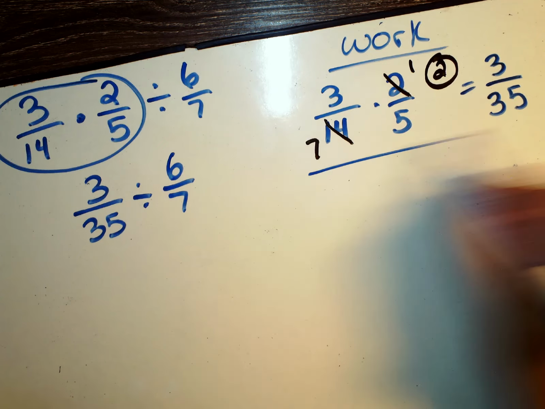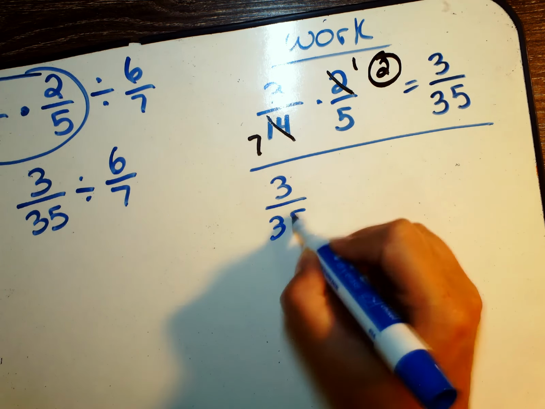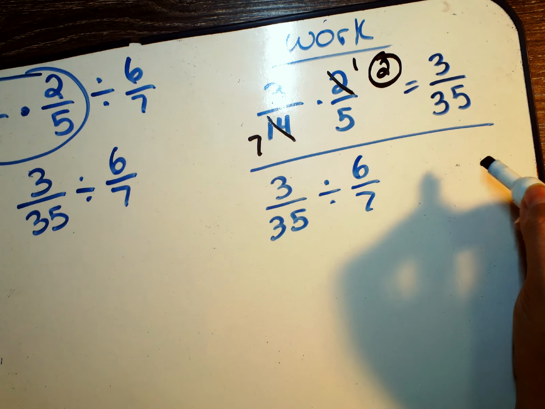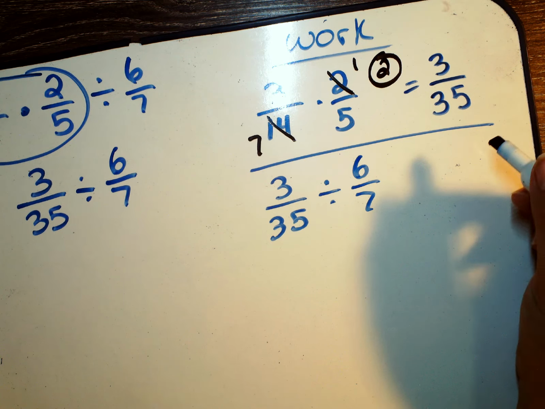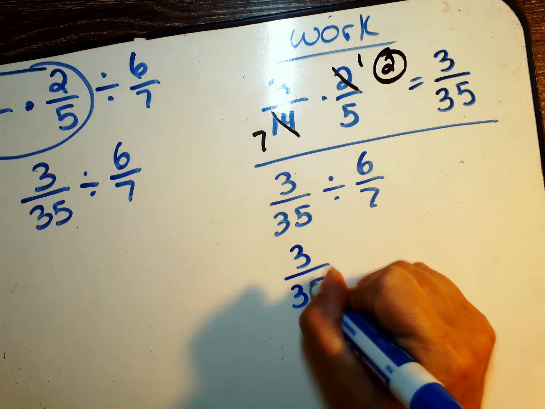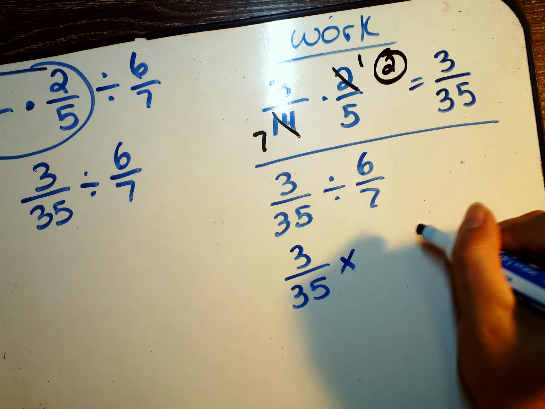All right, so we're going to do this one now. So we're going to do 3 over 35 divided by 6/7. So what you're going to do is do our keep it, change it, flip it. So 3/35 is going to stay the same. That's our keep it. Dividing is now going to change to multiplication. We're going to change it. And then we're going to flip it. We're going to do the reciprocal.